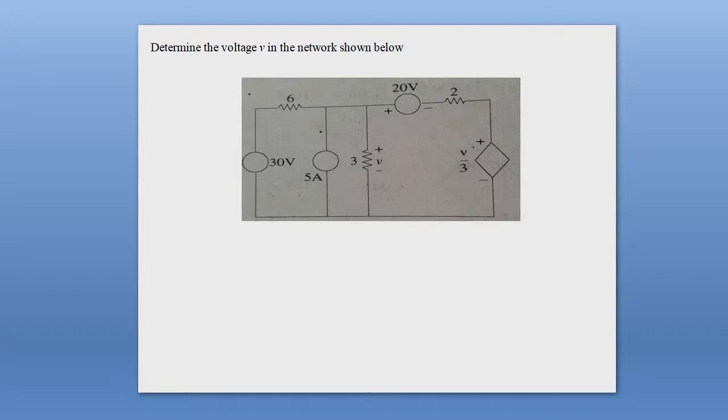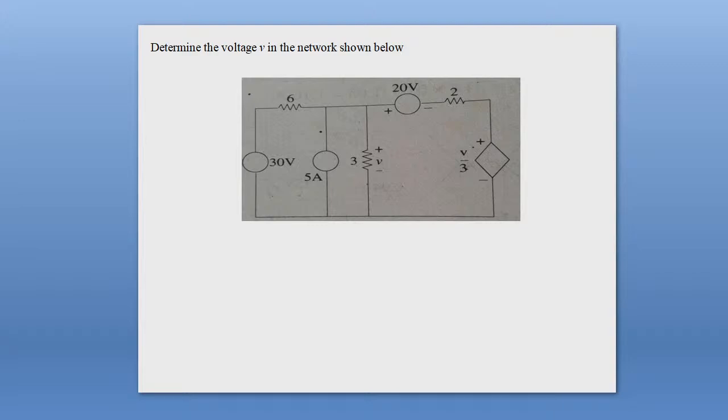Otherwise, let me tell you: for a voltage source, you replace it by its internal resistance, I mean 0, short it, and for a current source you open it. But for dependent sources, don't replace the dependent source by a short or open path.